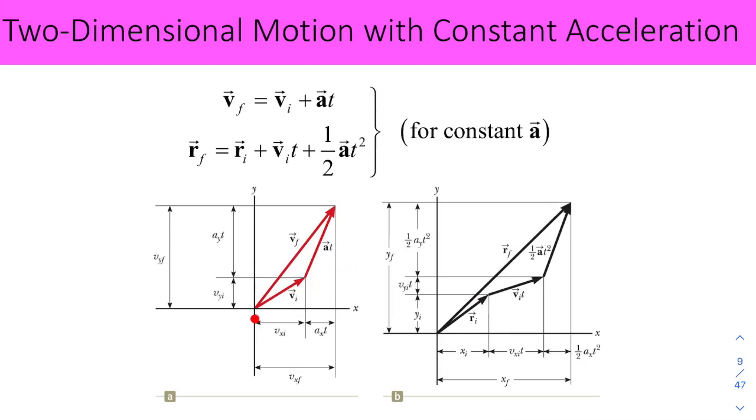This is v initial, this is at. From the tail-to-tip method, from the tail of the first vector to the tip of the second vector, you have your v final. This is the meaning of the situation here, manifested in this sketching of vectors.